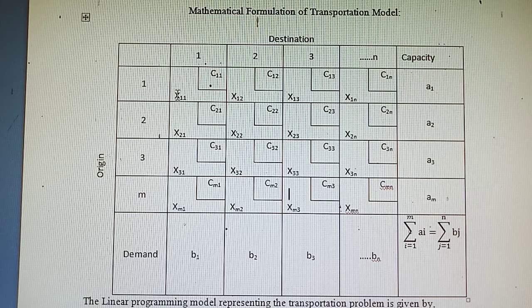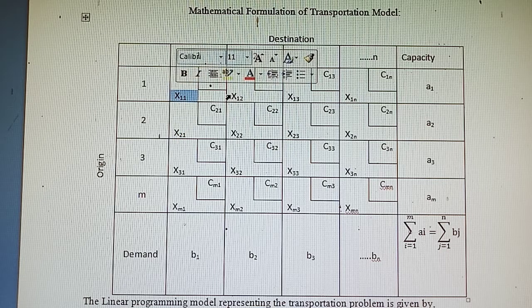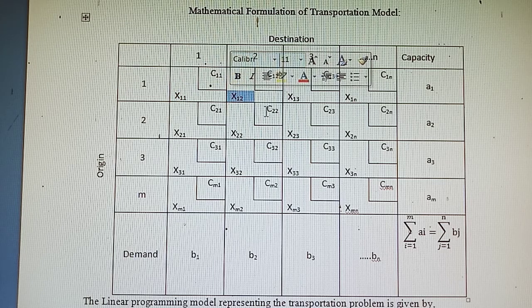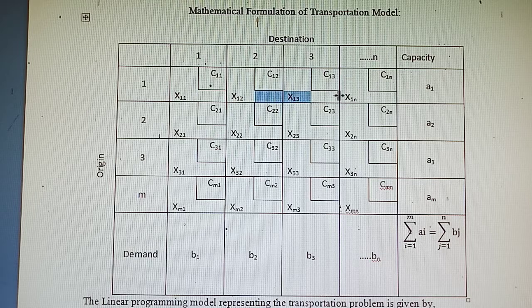At the same time, you see x11, x12, x13, x1n. These are the value of the first row and first column, the value of first row and second column, the value of first row and third column, the value of first row and nth column. These can be allocated at the time of solving the problems. The values can be taken.